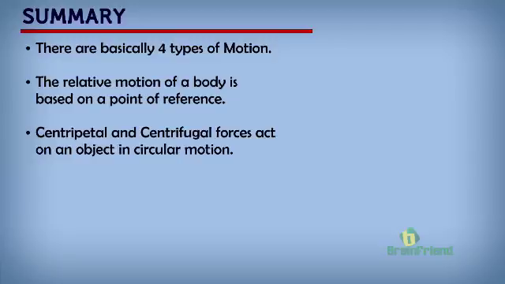But before we leave, let's look at a summary of what we have been talking about. We have looked at basically 4 types of motion. The relative motion of a body is based on a point of reference, and centripetal and centrifugal forces act on objects that are in circular motion.